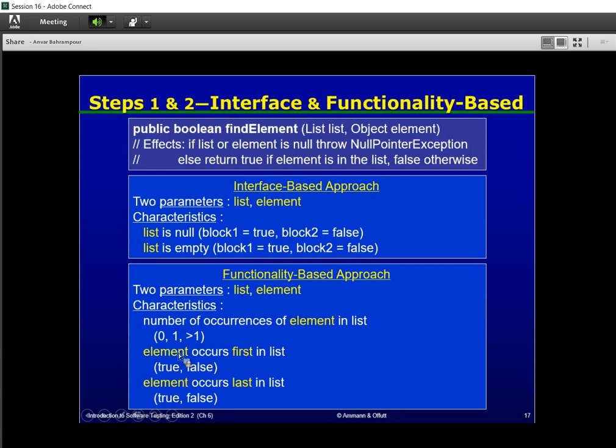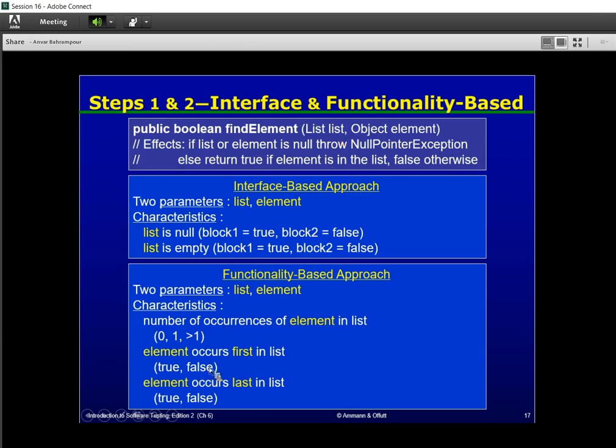So according to these characteristics, we have two blocks for each characteristic. And this characteristic is considered for partitioning. We have two partitions. The partitions include a non-empty list. When this characteristic is true, we should feed this function a non-empty list in which the element is located in the first position, in the 0 index of the list.